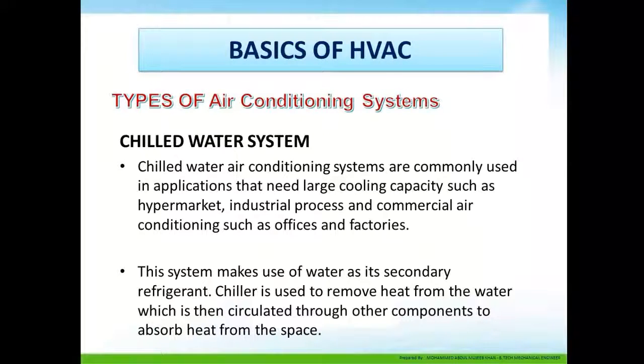A chiller is used to remove the heat from the water, which is then circulated through other components to absorb heat from the space. A chilled water system is a combination of DX and chill water, where the refrigerant acts as a primary system and the chill water acts as a secondary system.